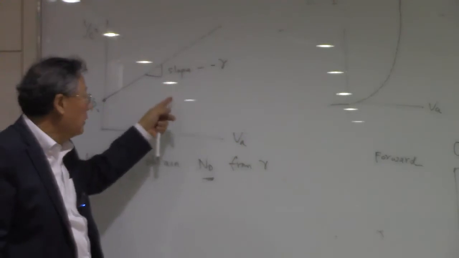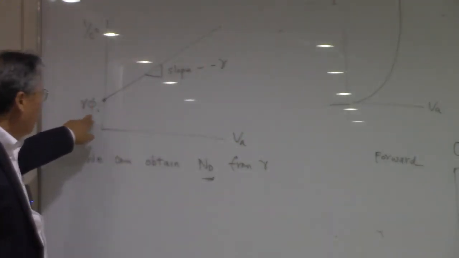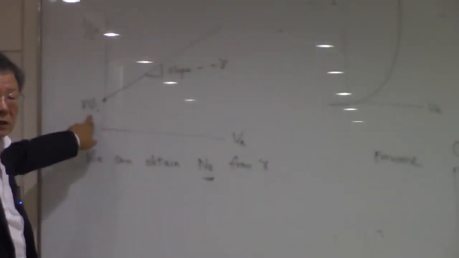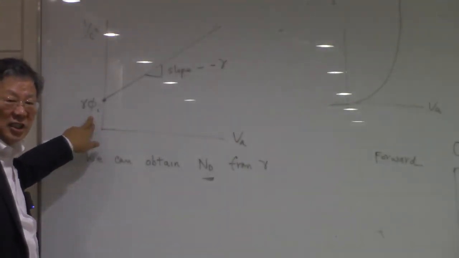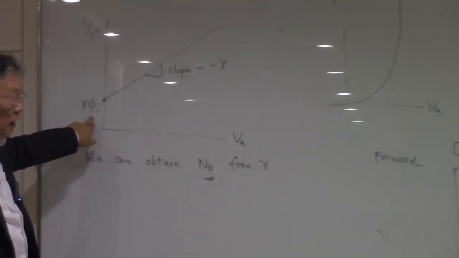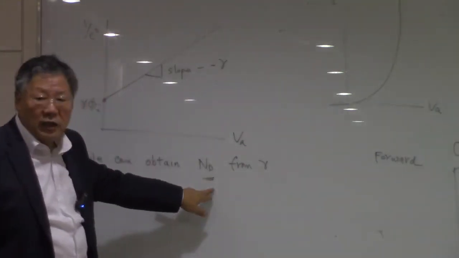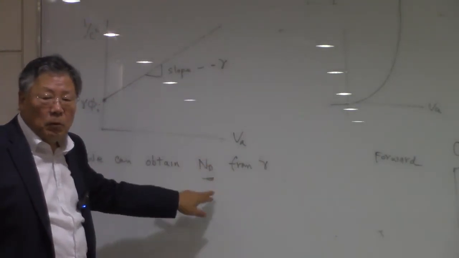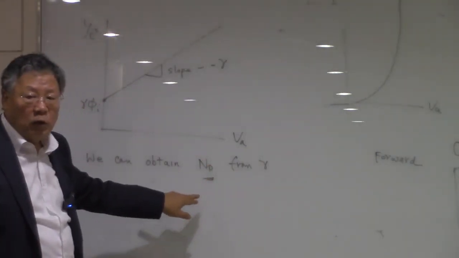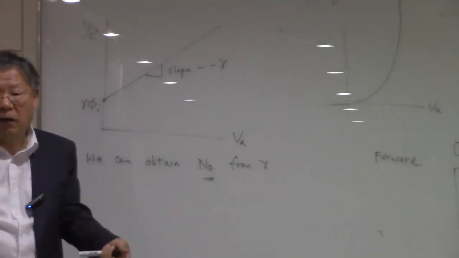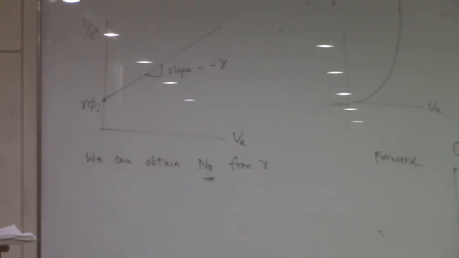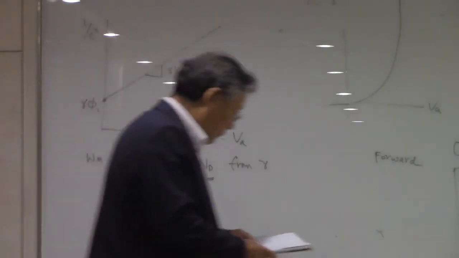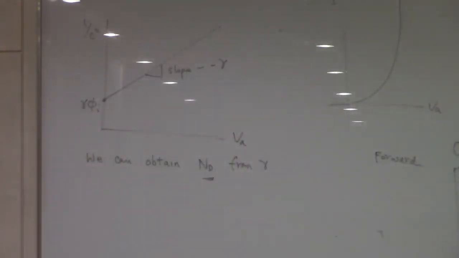And that straight line contains phi I, which is related to the built-in potential, how much potential exists inside these junctions. And another piece of information you can get is that this is the most exact way to find out the doping of your semiconductors. Okay? It's very useful information you can get, and that's very important. Now, what about the ohmic contact?